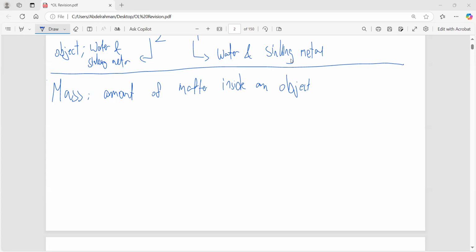So if you have a huge mass, it wants to resist the motion. It doesn't want to change its motion. If it's at rest, it doesn't want to move. It has the tendency to stay at rest. If it's already moving, it wants to stay in motion. It doesn't want to stop. That's the tendency, if you want to understand what tendency means.